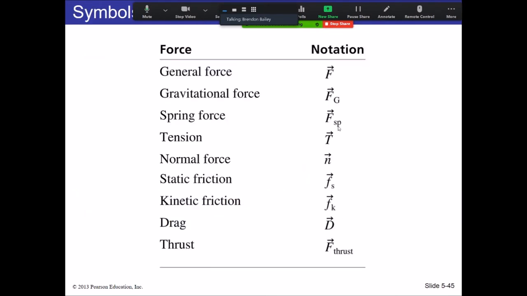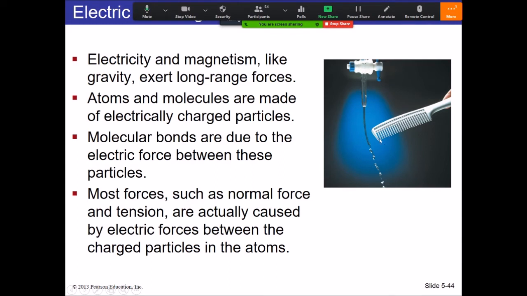Again, was that comb attracting the water in that picture? Yes. Strange. Well, what's happening here is, you rub this comb enough on hair or say wool or something like that, you're going to be ripping off a lot of molecular ions.